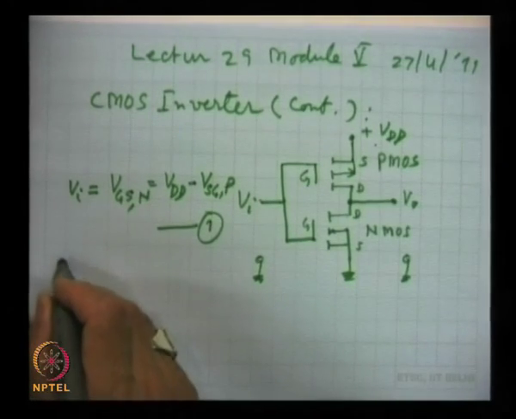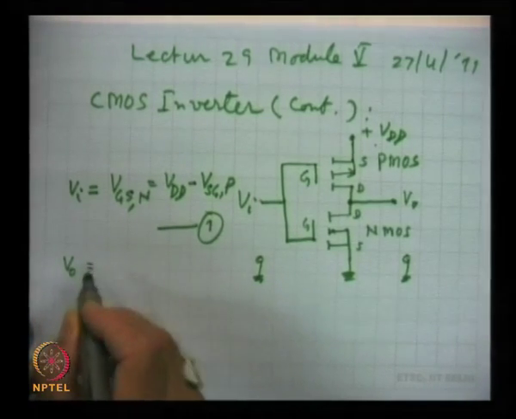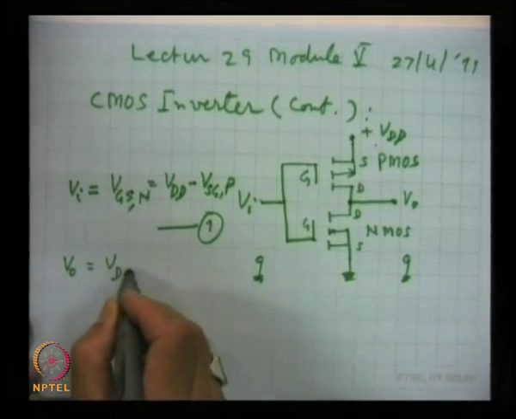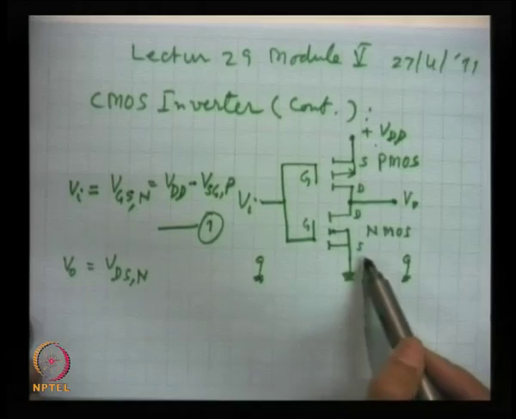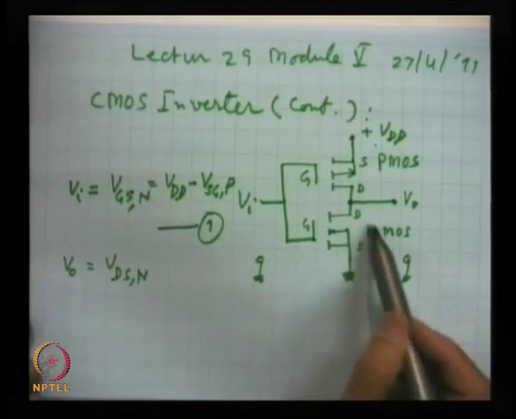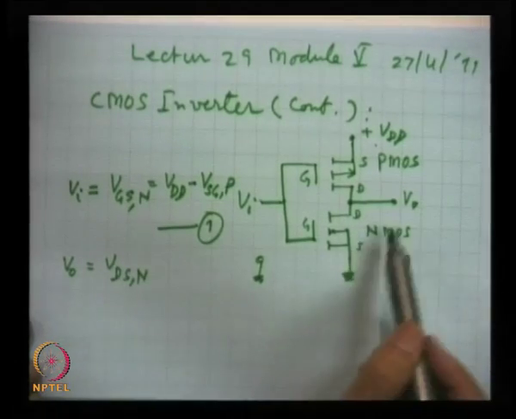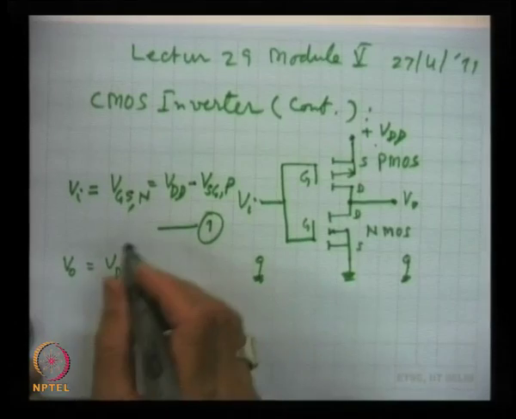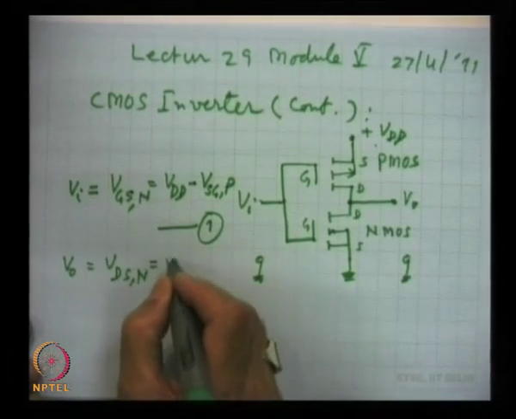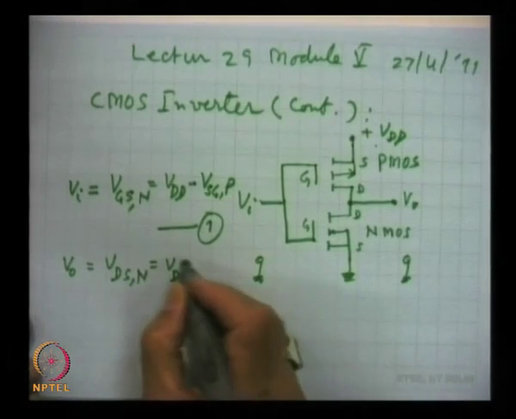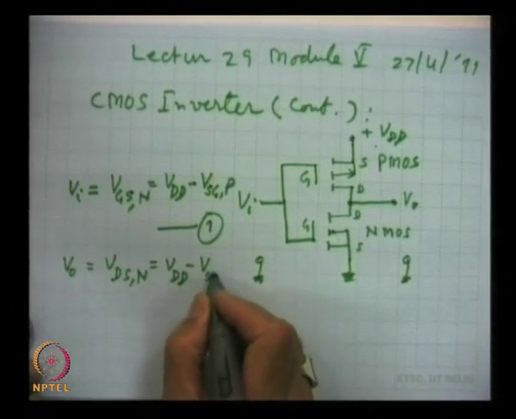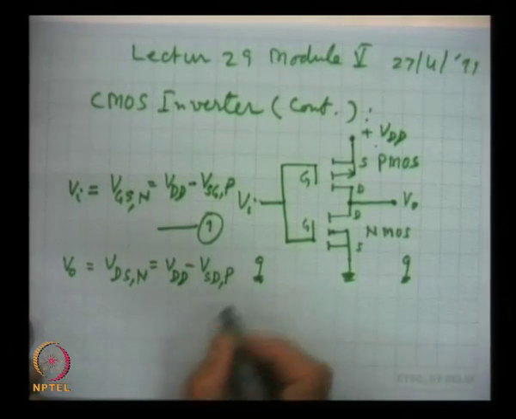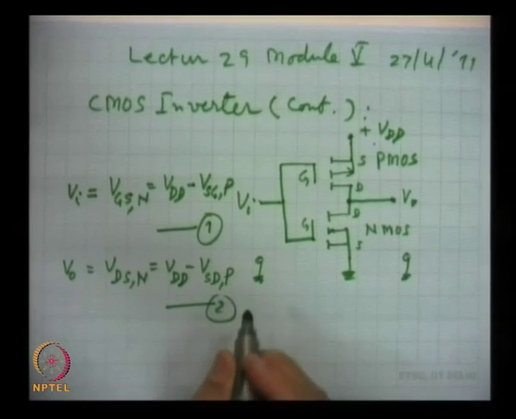Similarly we can write for V out, this is VDSN, D is drain, S is source, N for NMOS, and which is equal to VDD minus VSDP, and this we call equation 2.